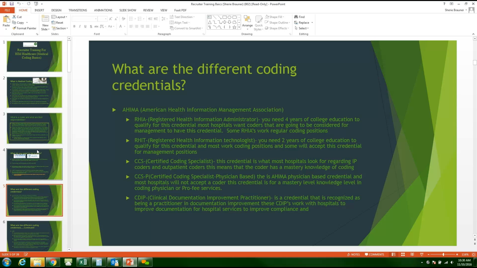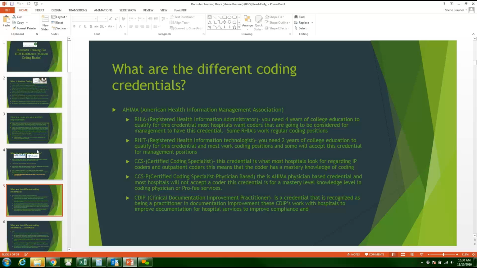Some RHIAs work regular coding positions as well. RHIT, Registered Health Information Technologist. You need 2 years of a college education to qualify for this credential, and most work coding positions, and some accept this credential for management roles.